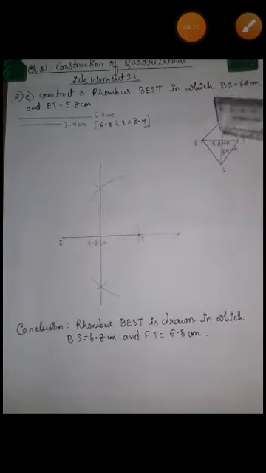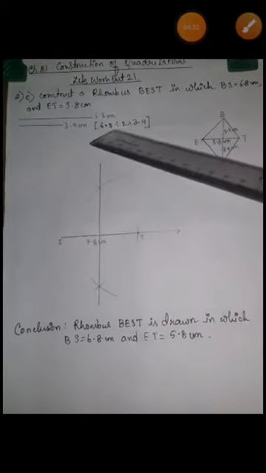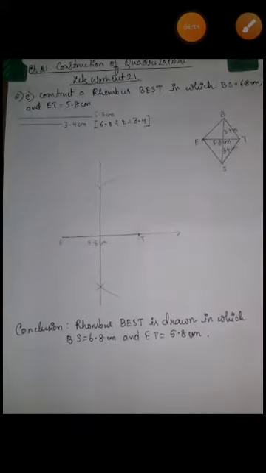That is why on top you will have to cut an arc of 3.4 centimeter length. That means the total is 6.8, that is why you are dividing 6.8 by 2, which is 3.4. So now take the measurement 3.4 centimeter.